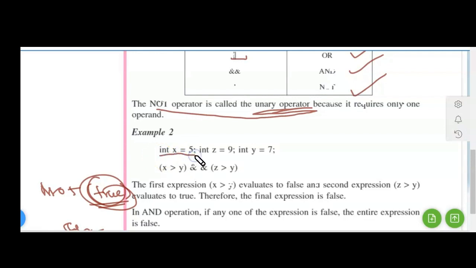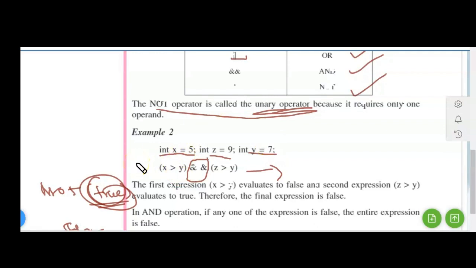See here, x is equal to 5, z is equal to 9, and y is equal to 7. These three are given. So you're using the logical and operator. That means both should be true, then it will become true, otherwise it will be false. Here x is greater than y. Is that true? 5 is greater than 7. That's false.